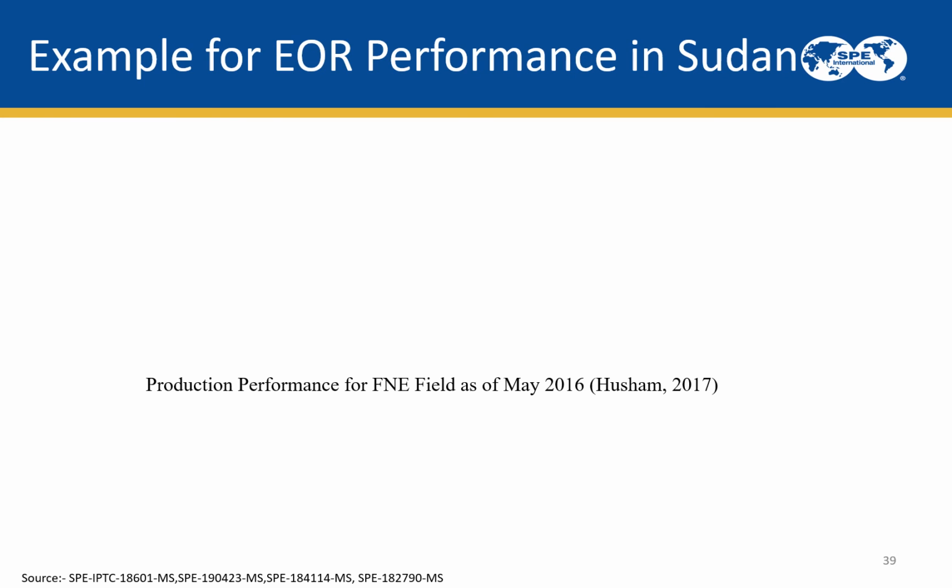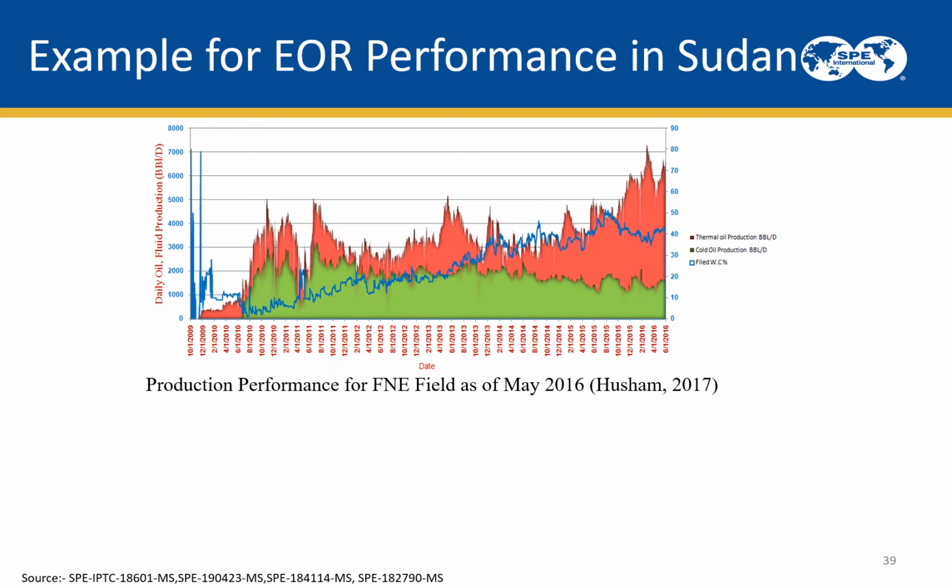As an example of EOR performance in Sudan, this is one of the famous fields, the FNE field. This is the production performance from 2010 up to 2016. The green is for cold production and the red for steam production.